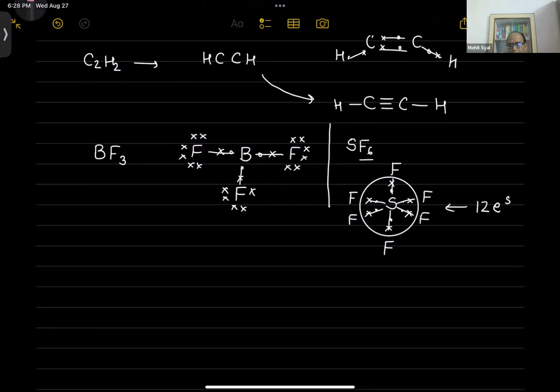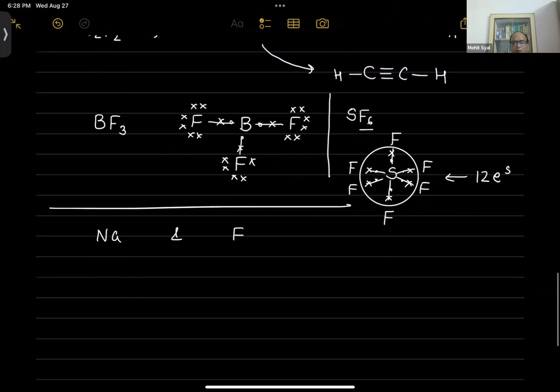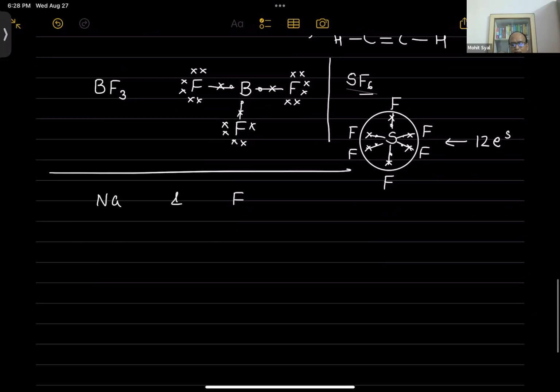But what will happen if you try to form a bond between sodium and fluorine? Sodium, the atomic number is 11, so 2, 8, 1. And fluorine, the atomic number is 9, so 2 and 7.